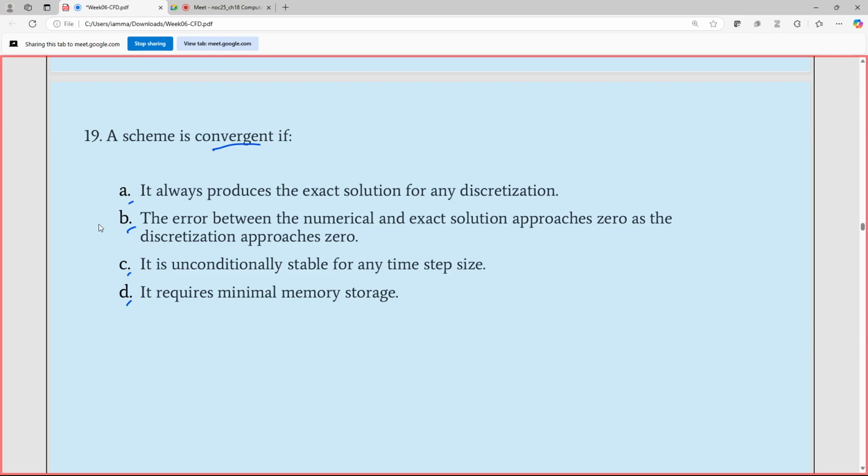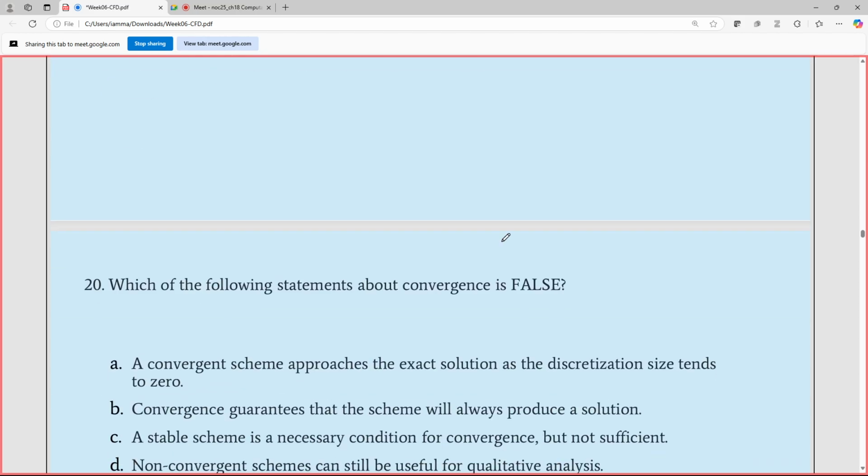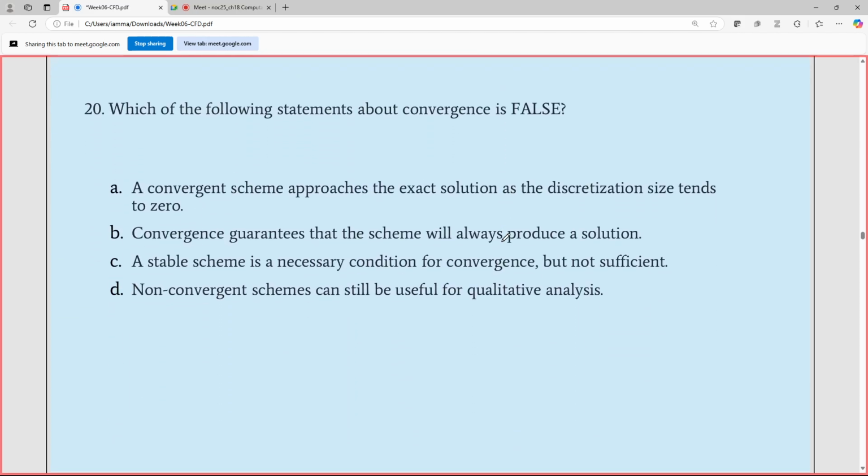Answer is option B. That is the error between the numerical and exact solution approaches zero. Next question. Which of the following statement about convergence is false? Option A. A convergent scheme approaches the exact solution as discretization size tends to zero.